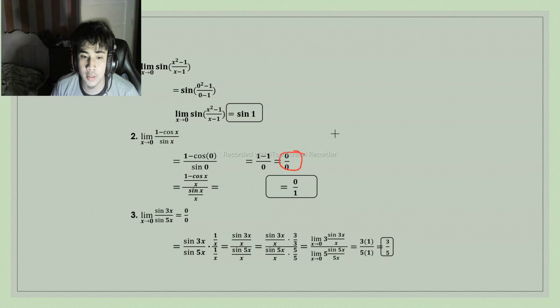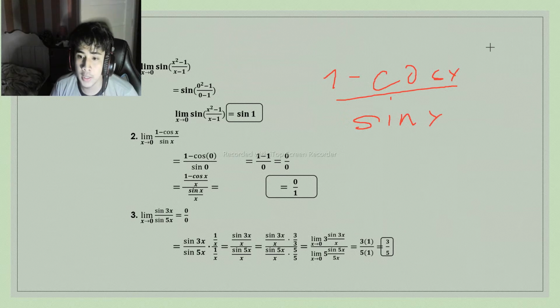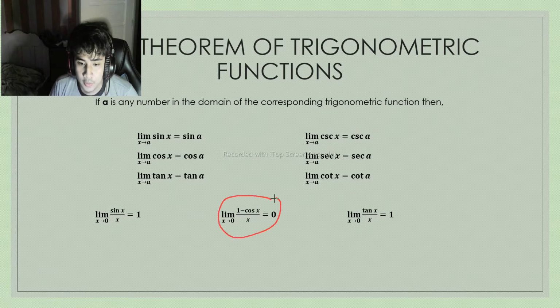And magiging sagot natin yung 0 over 0, which is undefined. Bawal yan. So, we will find another way. Pwede natin gawin na 1 minus cosine x over sine x, i-multiply sa 1 over x over 1 over x, para makita natin yung sagot. Kasi para yung formula na pinakita ko kanina, kailangan natin ma-achieve yan para makuha natin yung sagot.